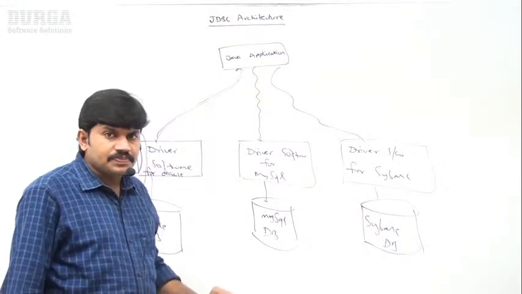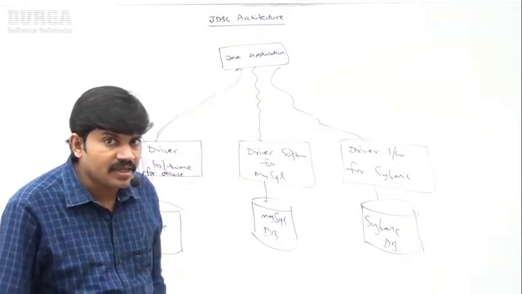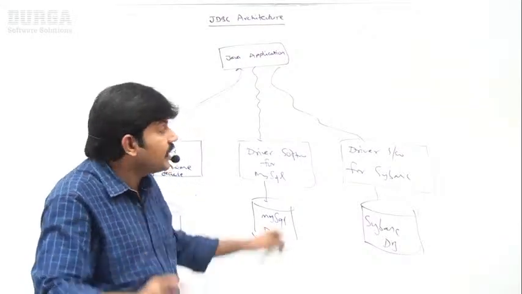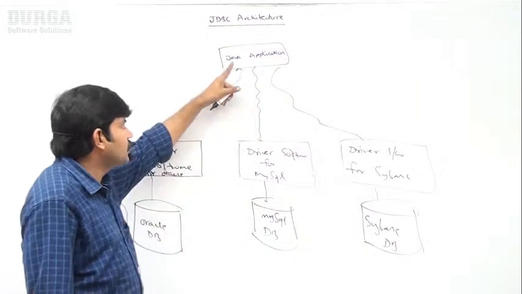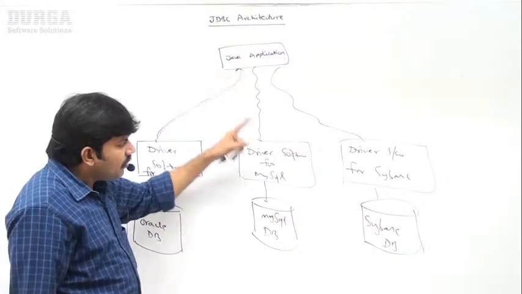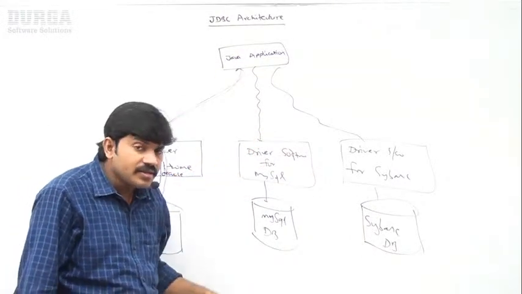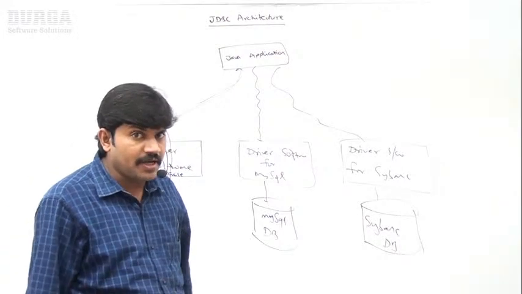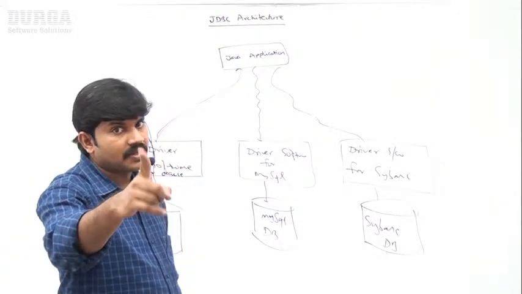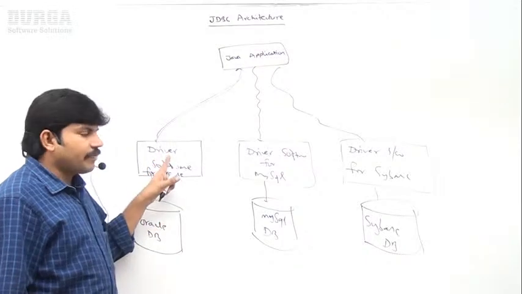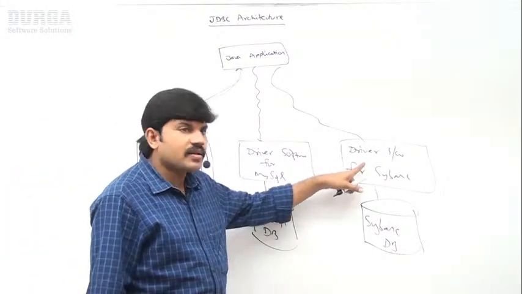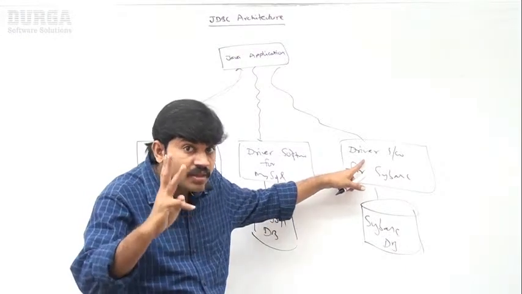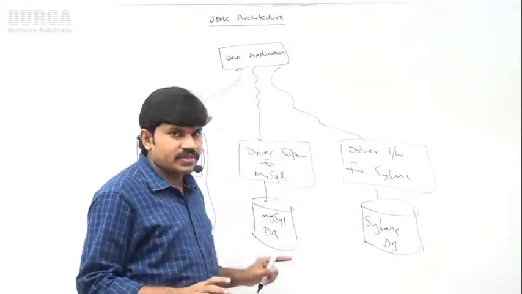Is the Java application database dependent or database independent? Database independent, because for all three databases we are using only one application. But is driver software database dependent or independent? Database dependent. For Oracle, one type of driver. For MySQL, another driver. For Sybase, another driver. That's why for three databases, I maintain three drivers.